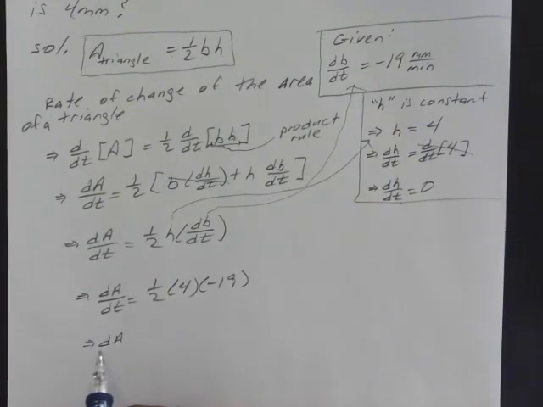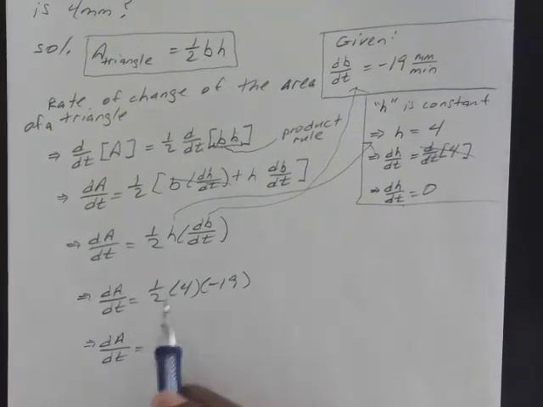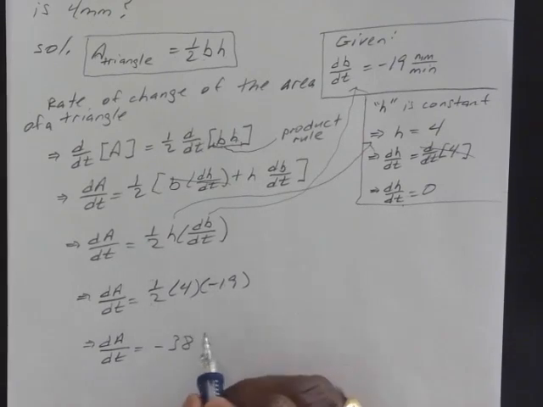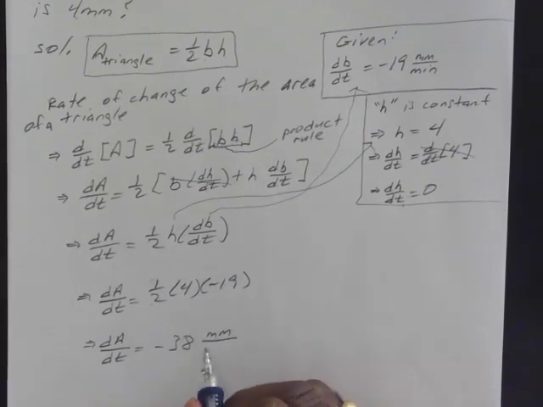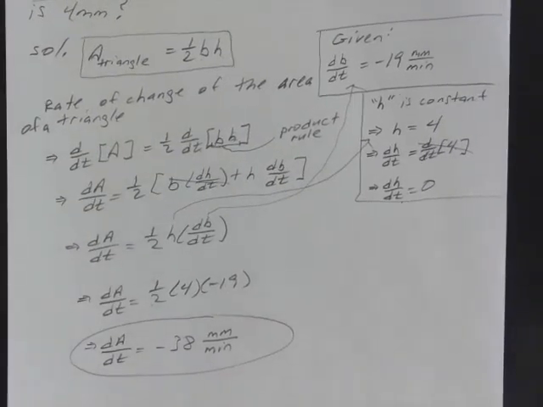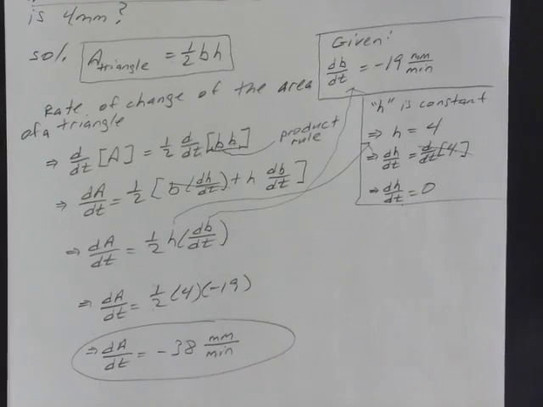Okay, so we know the rate of change of the area with respect to time is equal to negative 19 times 4 divided by 2 is 2. So that will give us negative 38 millimeters per minute. So every time you remember going back and you saw derivative of a constant is 0, derivative of a constant is 0, this is where it kind of comes in handy.